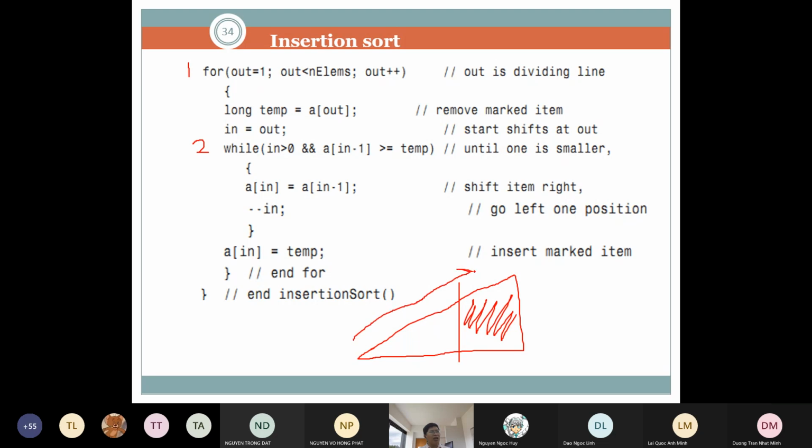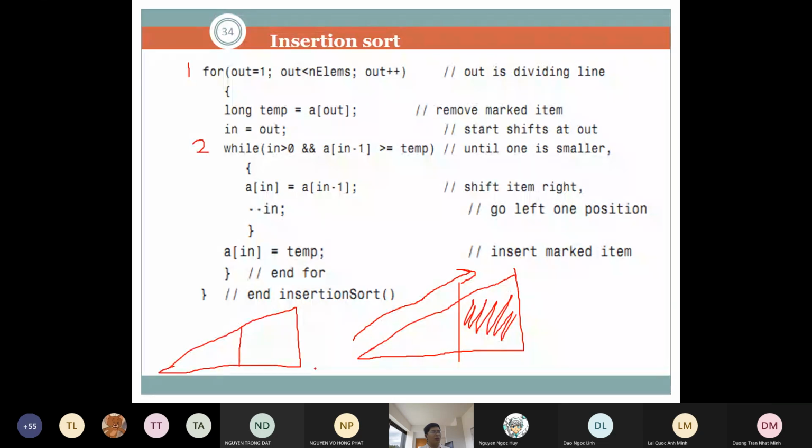The sorted part grows step by step from the left to the right. It means we get a longer and longer array in sorted order until we reach the end. Now, is it possible to do it in the opposite direction? Does the insertion sort work that way?